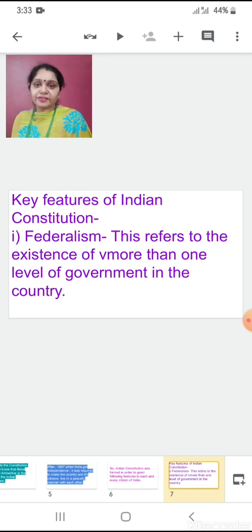Now, children, taking reference from your school science textbook, I'll be giving you an explanation of the topic federalism with the help of your textbook. Now, what is federalism? Listed below are the key features of the Indian Constitution.